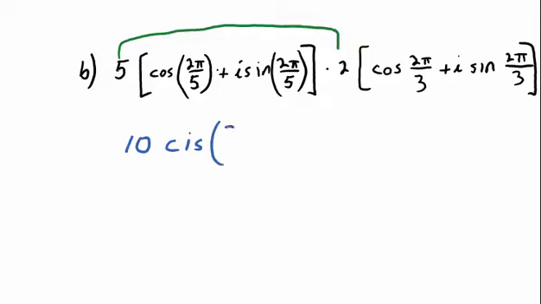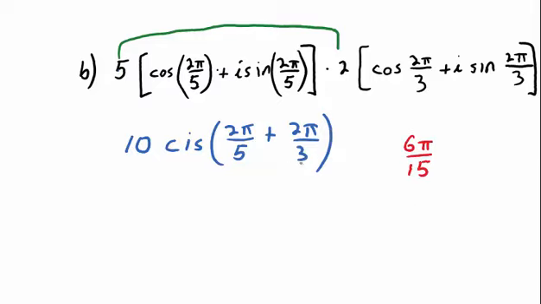So the hardest part is the arithmetic, finding the common denominator and adding those together. What is the common denominator? 15. So I could multiply 2 pi over 5 by 3 over 3. What does that get me? 6 pi over 15 maybe.